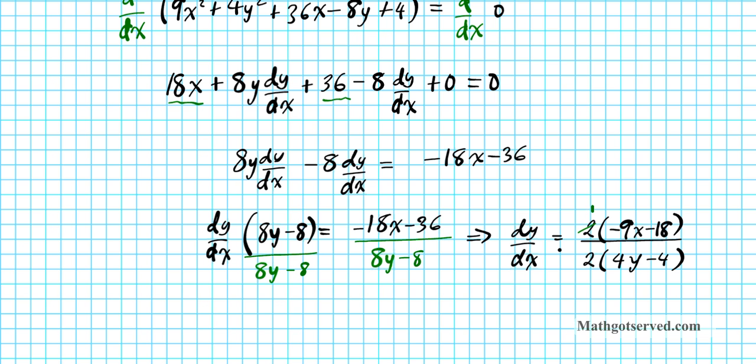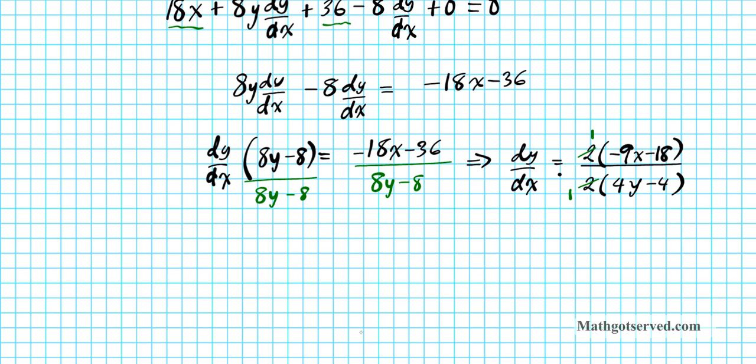So the slope at any point on the graph, dy/dx, is given by negative 9x minus 18, divided by 4y minus 4. So there goes the answer to part A.